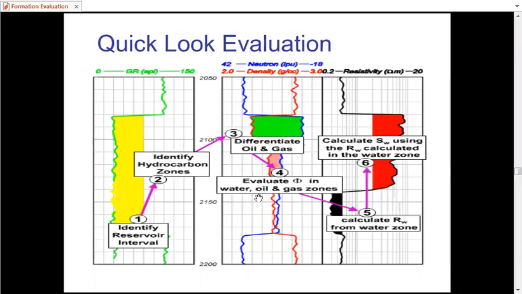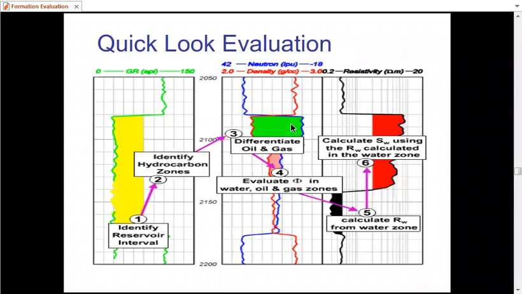When we are dealing with this log, the first step is to identify the reservoir interval. As the gamma ray is low here, this is a reservoir zone. The second step, to identify the hydrocarbon zones, you have to deal with the resistivity log. If you have a high resistivity, you have a hydrocarbon.